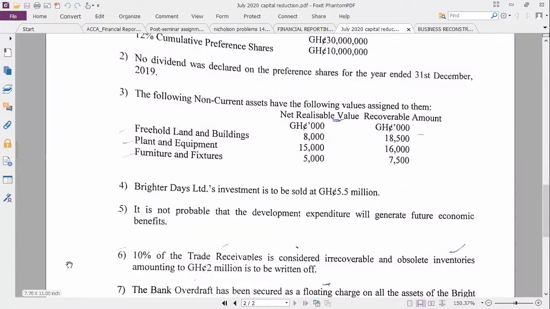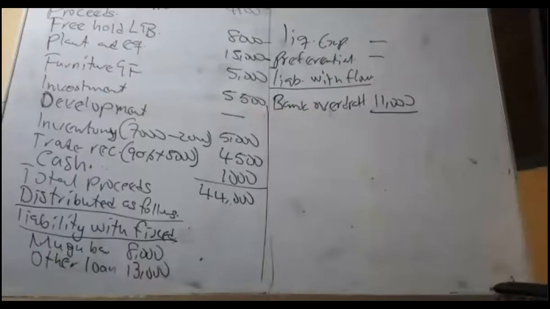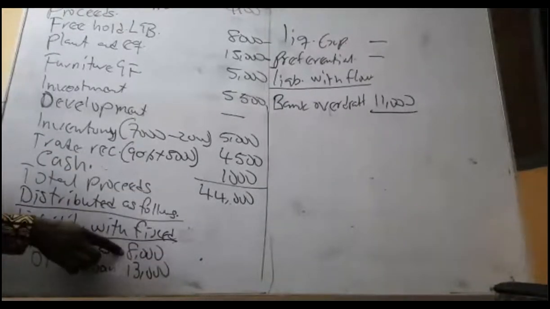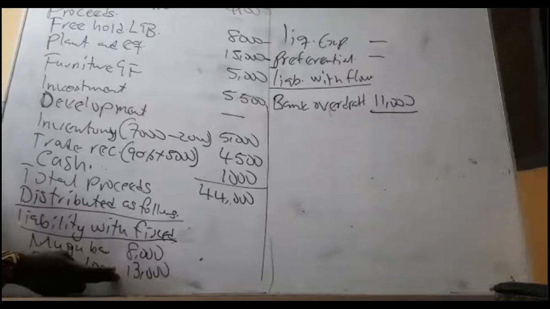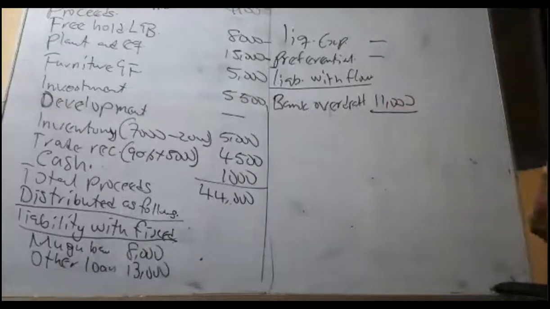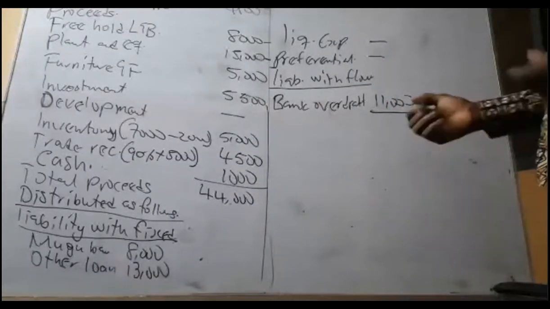So take note of that. Kindly let me have the total. Adding all, so far we've paid 8,000 plus 13,000, 21,000, plus 11,000, making 32,000.